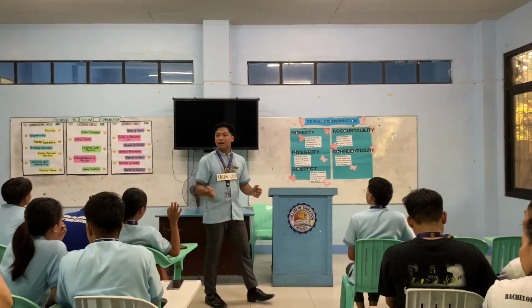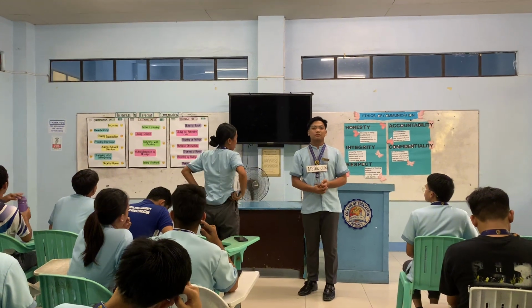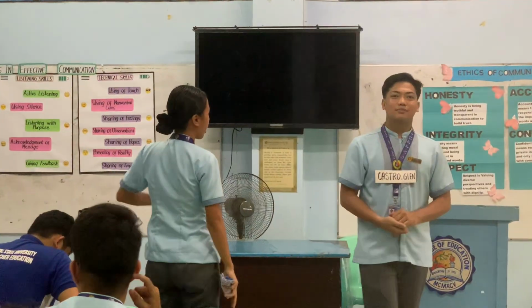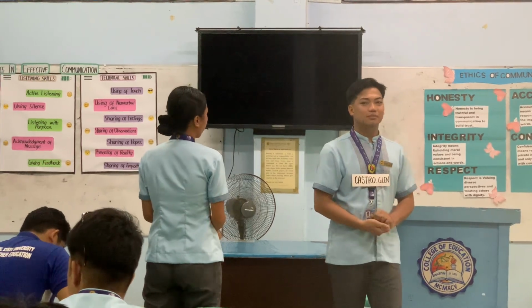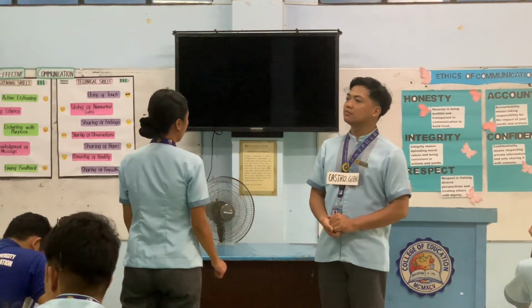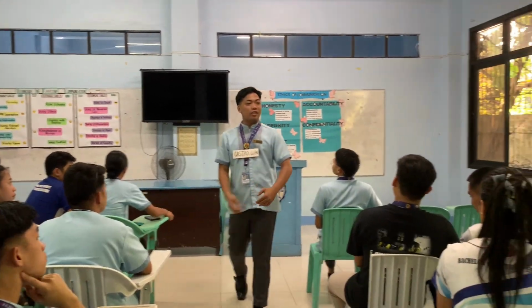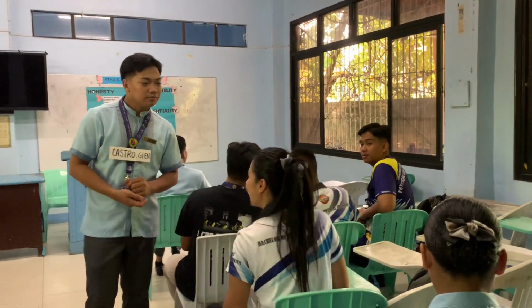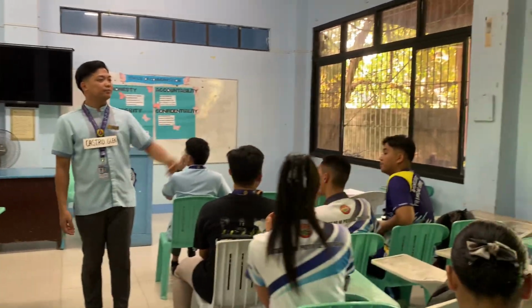Anyone else? Yes. Last meeting we also discussed the process of communication, barriers of communication, and the methods of communication. Thank you so much. Do you agree about that, Sheila? How about you, Maylene?